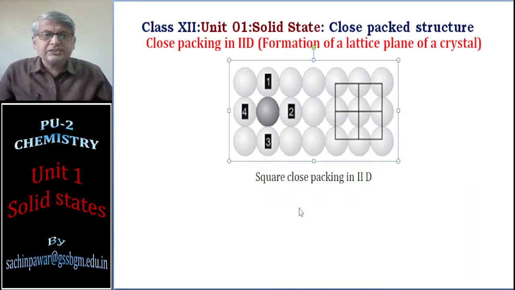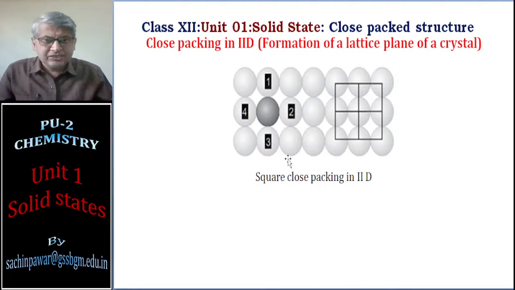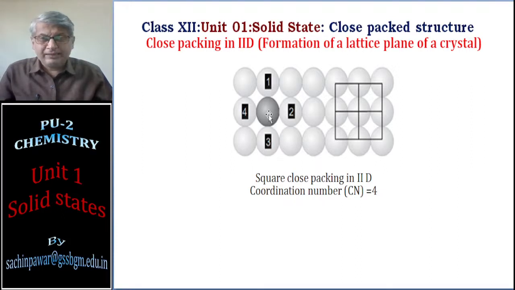So it is called square close packing. Since 4 particles are in contact with any one particle you choose, the coordination number should be 4.